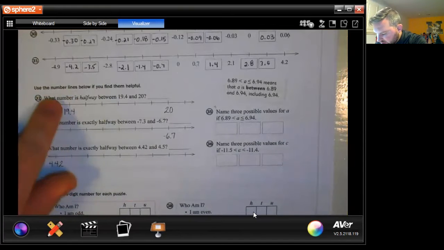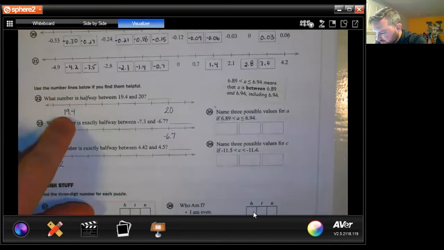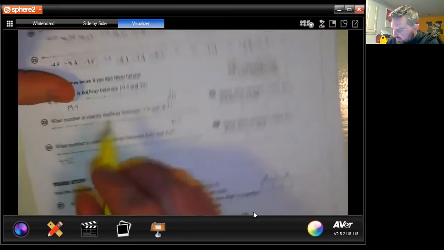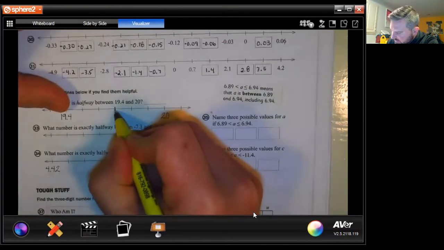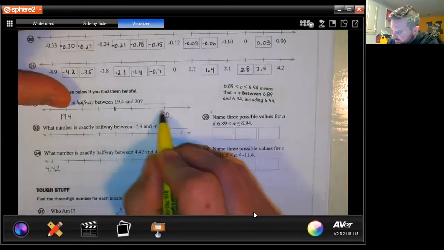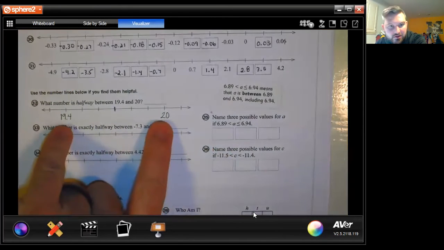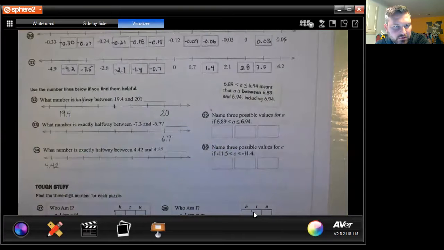What number is halfway between 19.4 and 20? They've got this spot right here that is halfway, because you got one third, one third. So you're going to have to find a scale that goes in between 19.4 and 20.